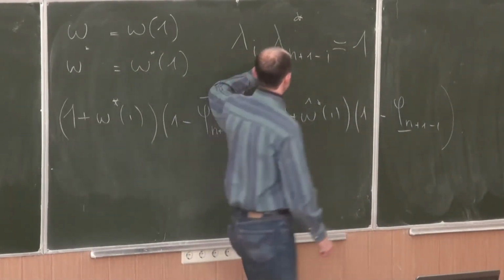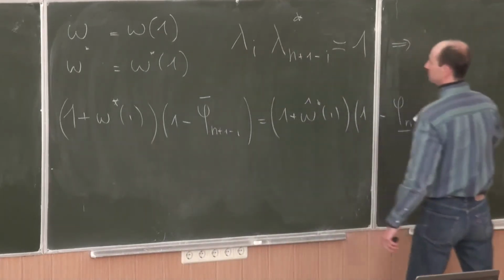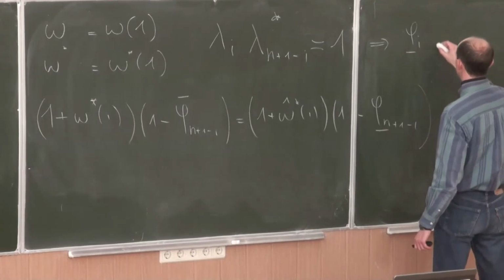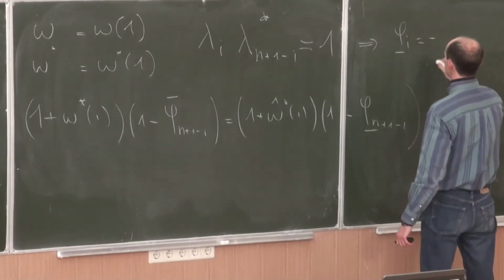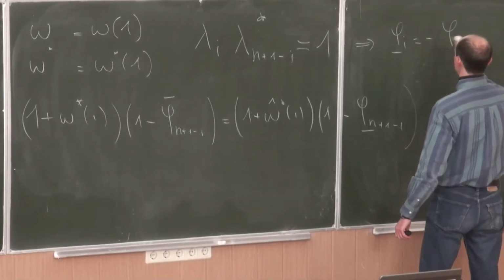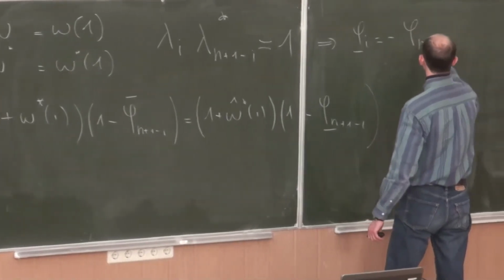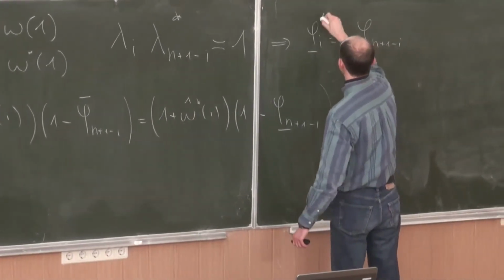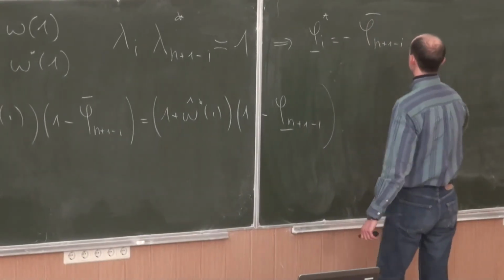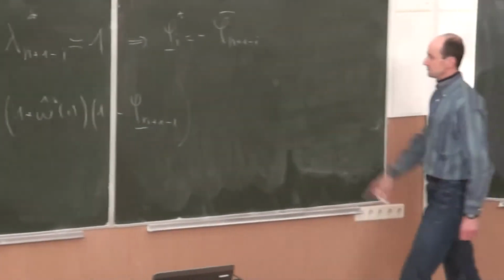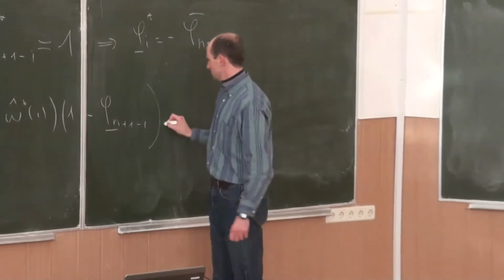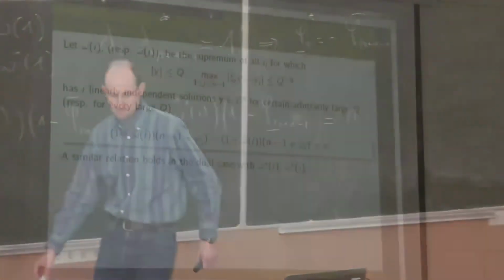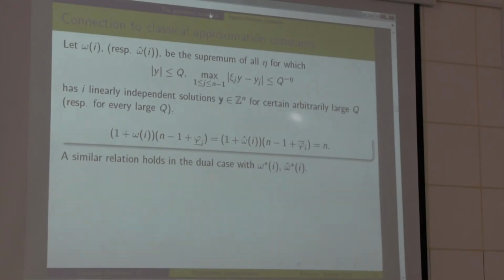It's simply because this implies, of course, that phi sub I underlined, for example, is equal to negative phi sub n plus 1 minus I. This is the other way. Start here and we'll start here. If you use this, okay, so duality also comes into play.